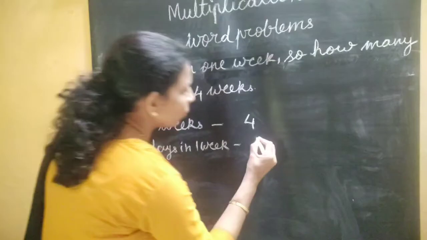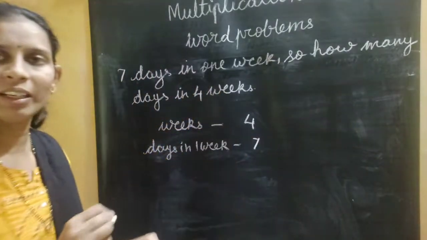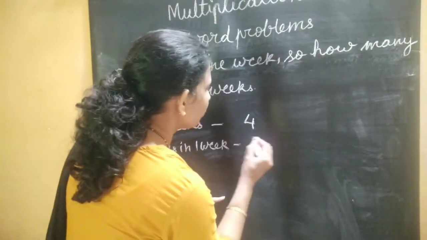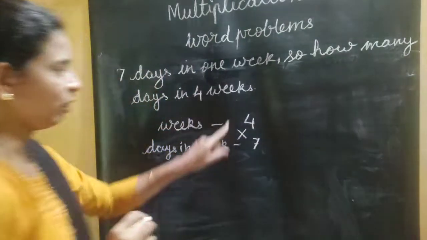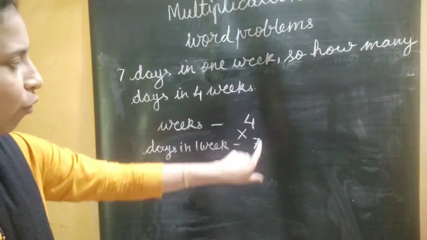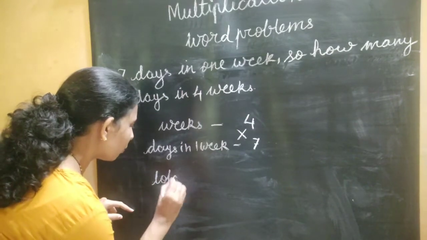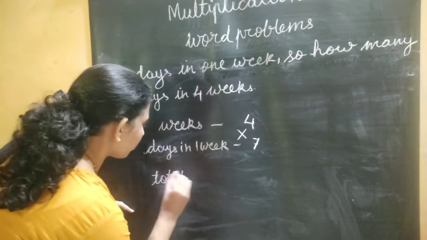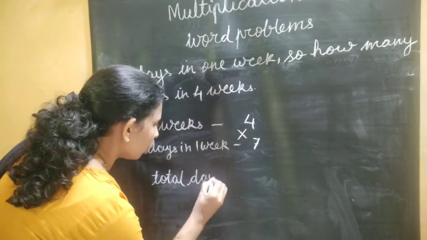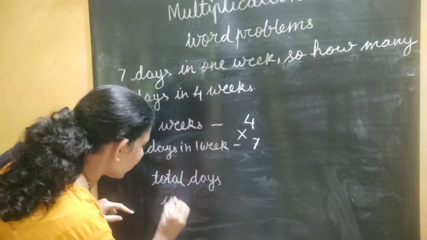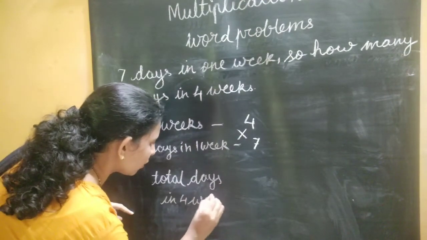Days in 1 week. How many days? 7 days. Correct? So 4 into 7. You have to do multiplication of 4 and 7. So total days. Total days in 4 weeks.